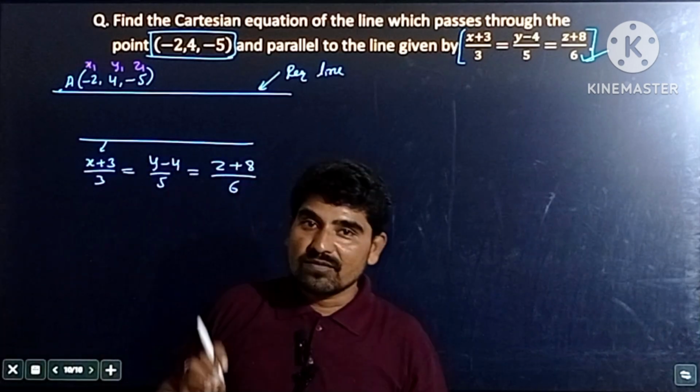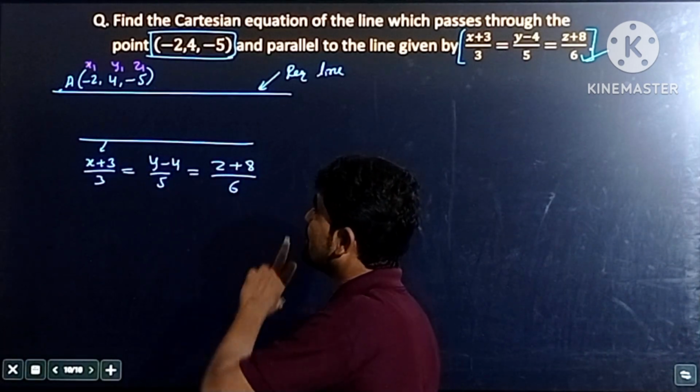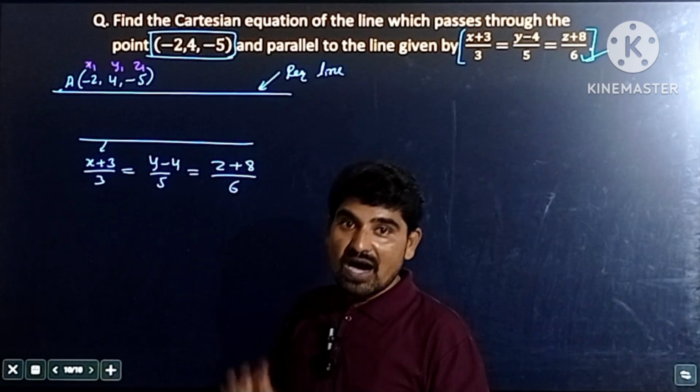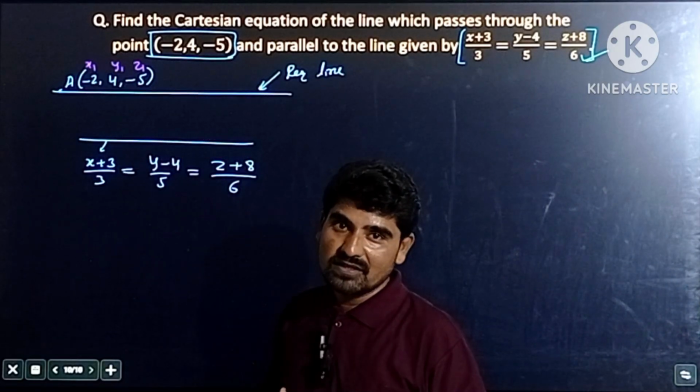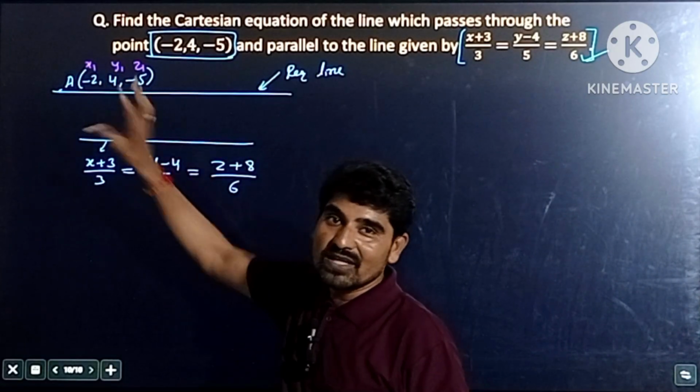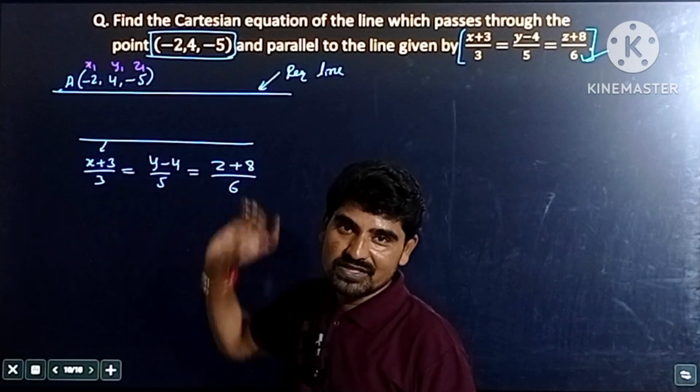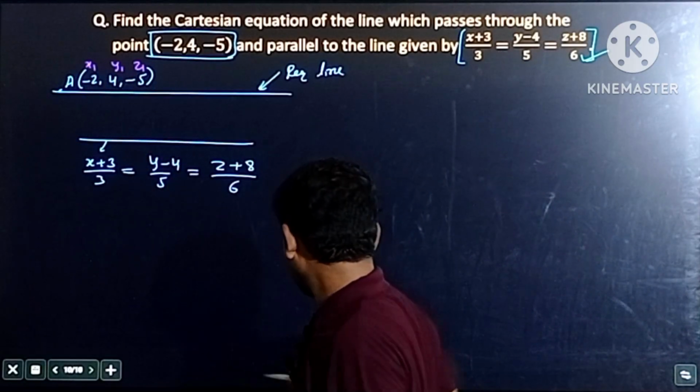The coordinates x1, y1, z1 are the point through which the required line is passing, and in this question he has already given the values directly. But we need a parallel vector.